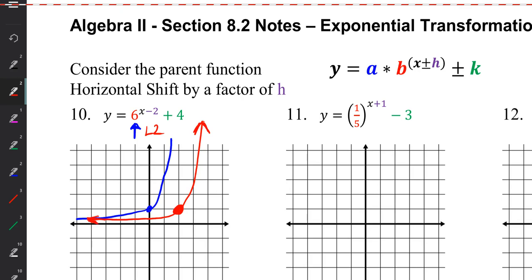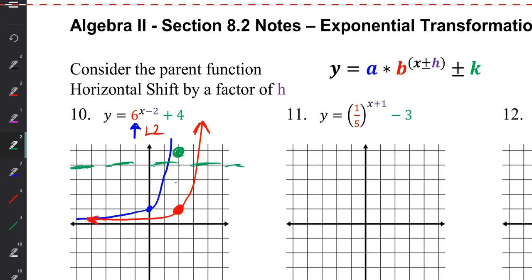All right, the plus 4. Where's that go? So from the red dot, I'm going to go up 4. So 1, 2, 3, 4. Uh-oh. My asymptote moved, didn't it, just now? Where's my asymptote? It's up 4, right? So it's the equation y equals 4.